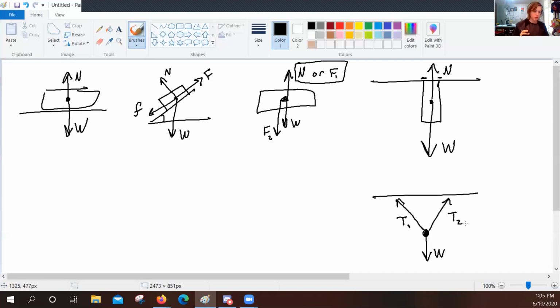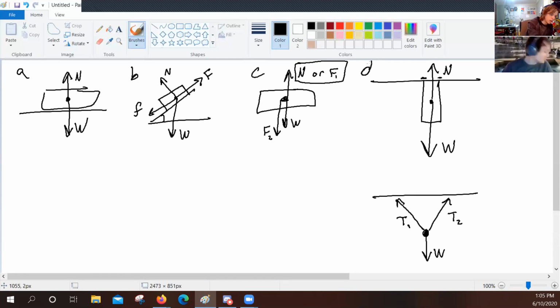But tension forces are like string or cable or anything that's holding something up through tension, okay? So I guess we can do A, B, C, and D is both of these. Okay. So those are the answers to number 1.